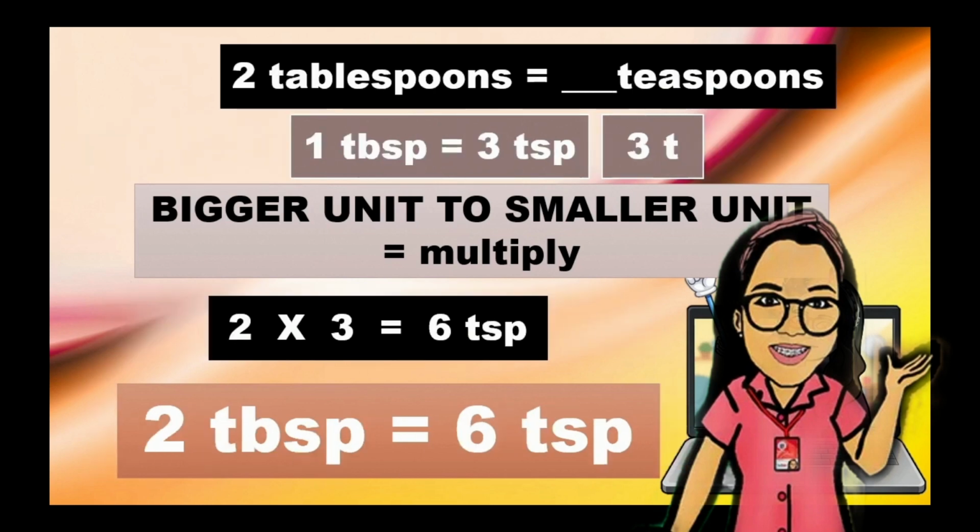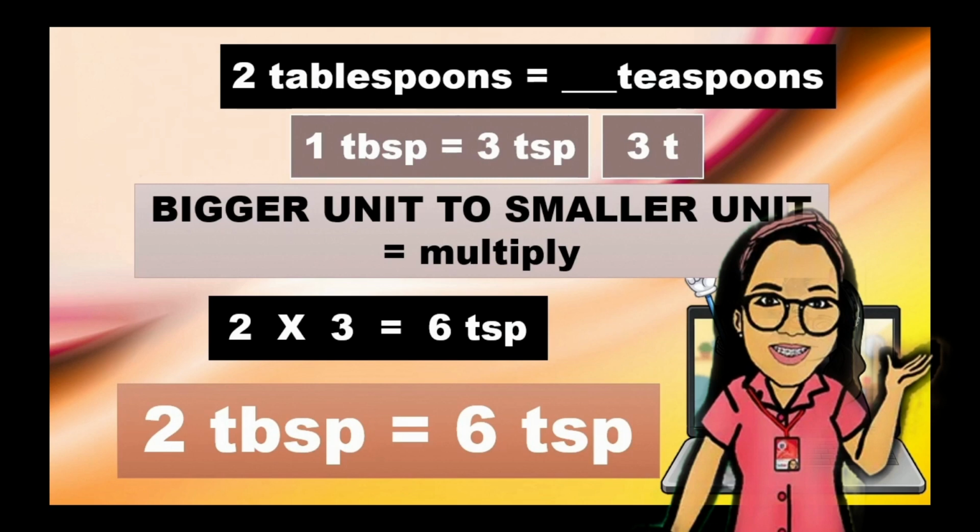Here's our last sample. 2 tablespoons equals how many teaspoons? So you have to consider this conversion. 1 tablespoon is equivalent to 3 teaspoons. Tablespoons is bigger than teaspoons.